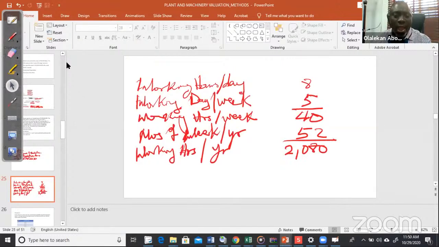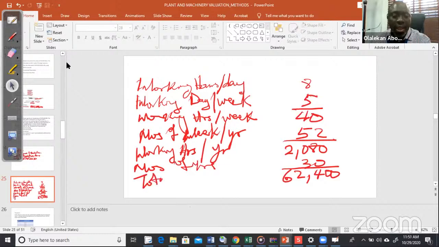That is working hours in a year. You now say number of years, that is 30. Multiply that out to get 62,400. So this is the total productive hours. Okay? So you are done with this.